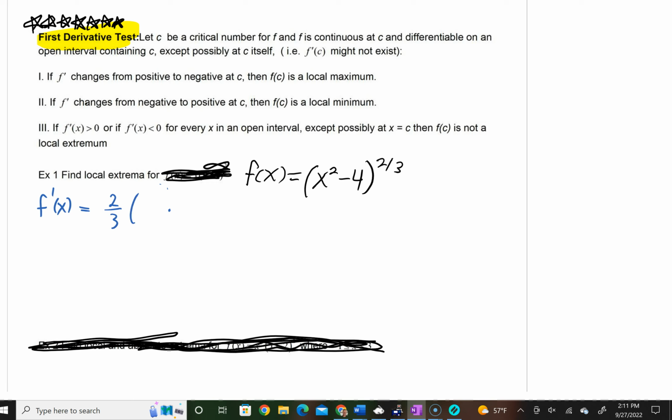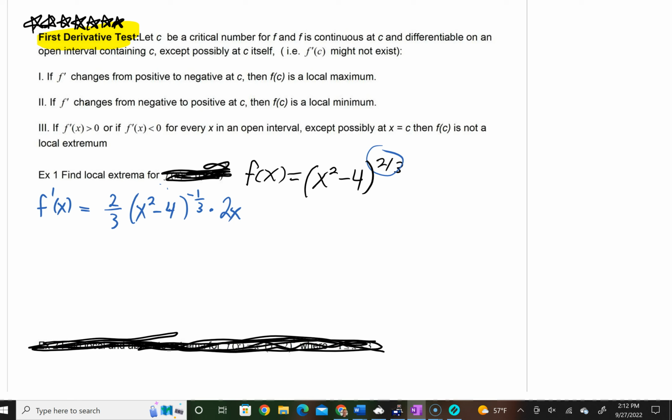We're going to have x squared minus 4, and my new power is going to be negative 1/3, since I subtract a 1 from it. Then multiply by 2x, the derivative of the inside. Everybody okay with that?